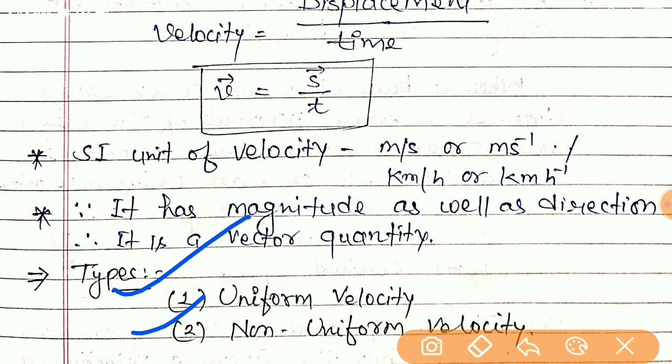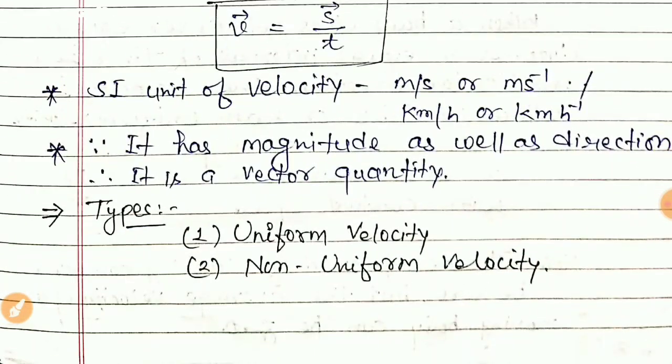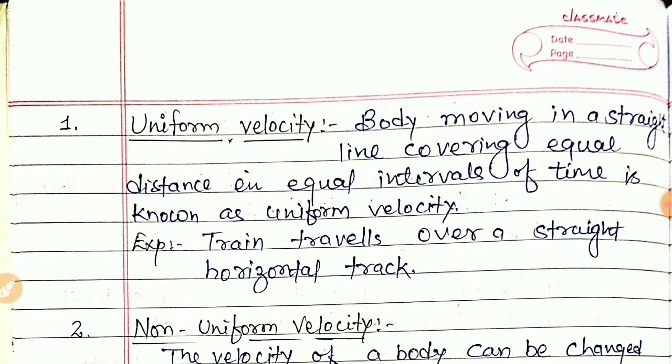It means an object is performing motion in a particular direction or in a straight line. Now look, what do you mean by uniform velocity?